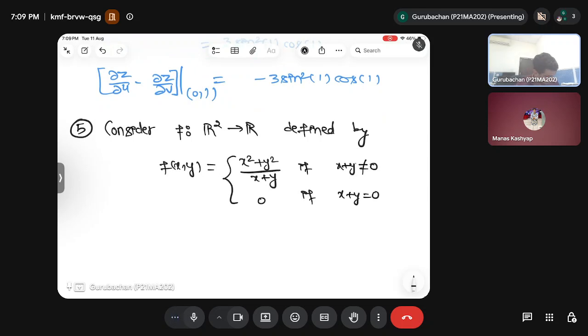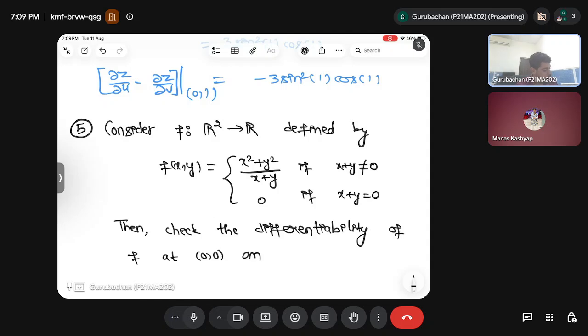Then check the differentiability of f at (0, 0), and calculate fx at (0, 0) and fy at (0, 0).